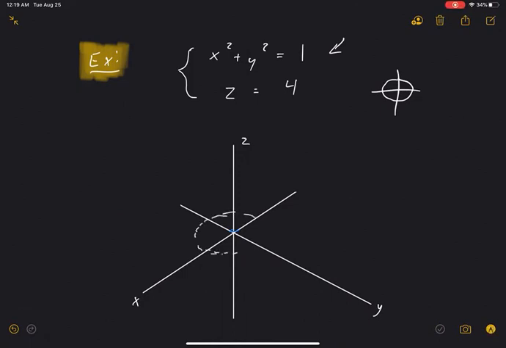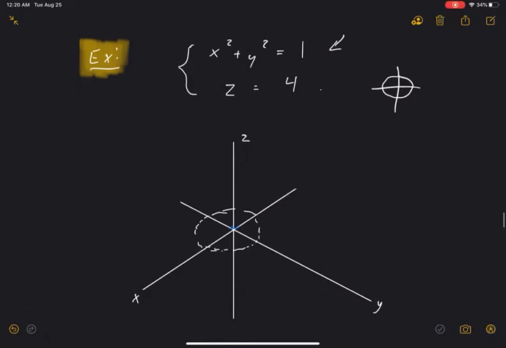So if I was in the xy plane, it would just be a circle, right? And then what else am I told? Well, I'm told z is equal to 4. So I should move up by 4. And so I would have a circle that goes around the z-axis of radius 1.